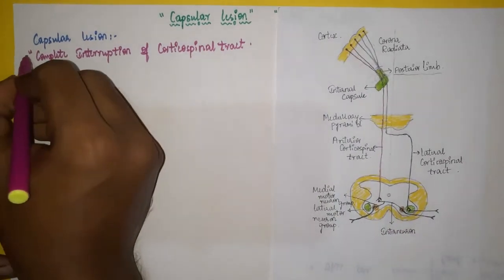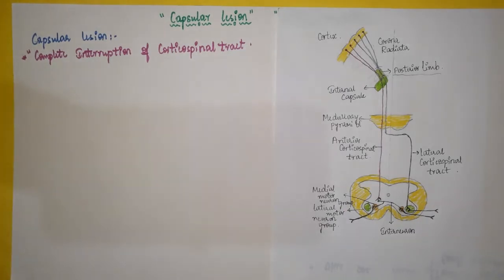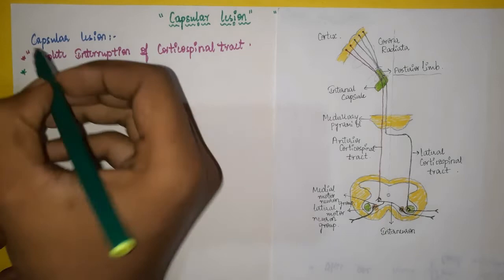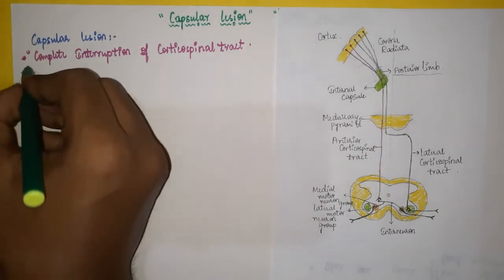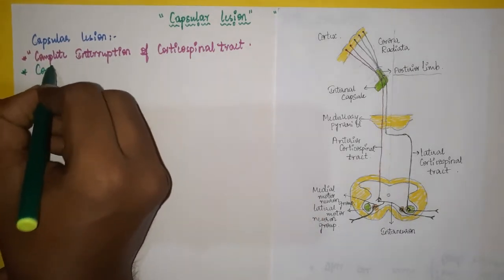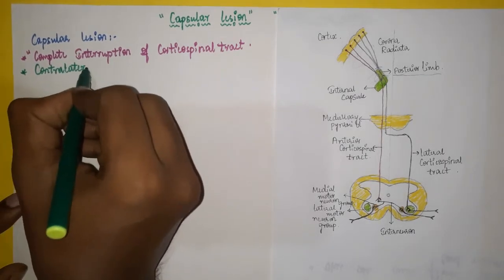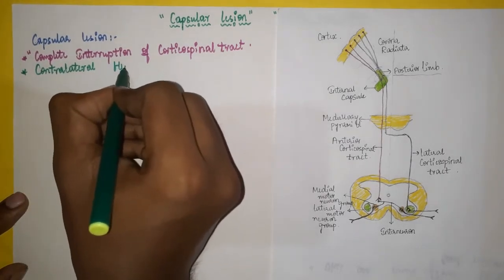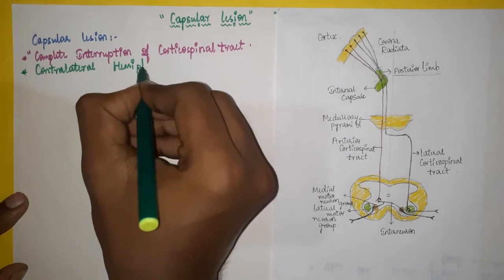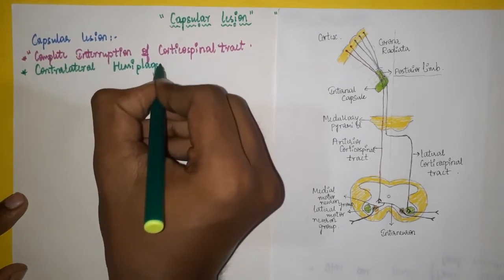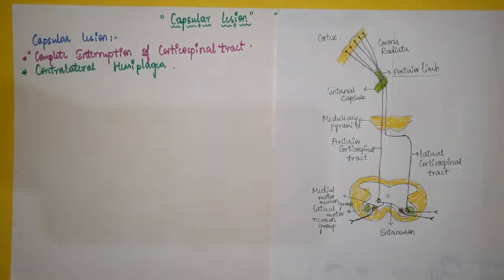Now, second point. This complete interruption of corticospinal tract results in contralateral hemiplegia. Plegia means paralysis of muscle.